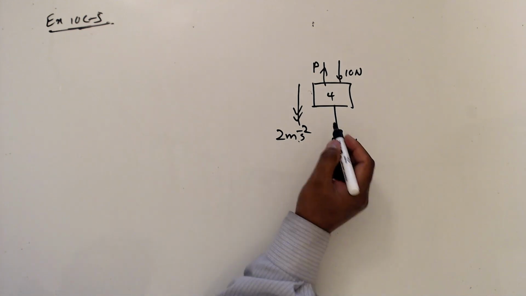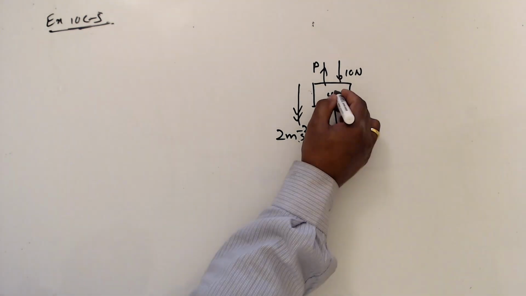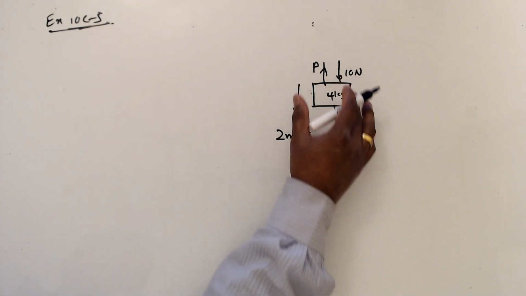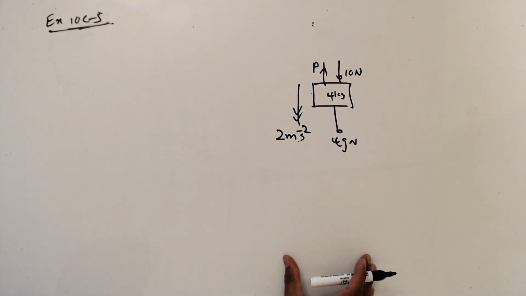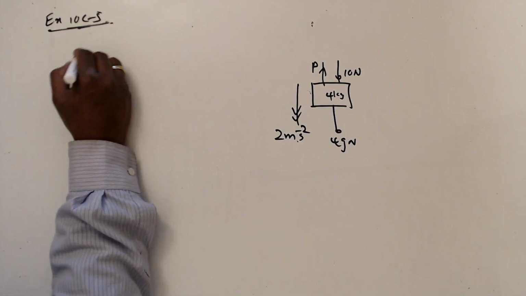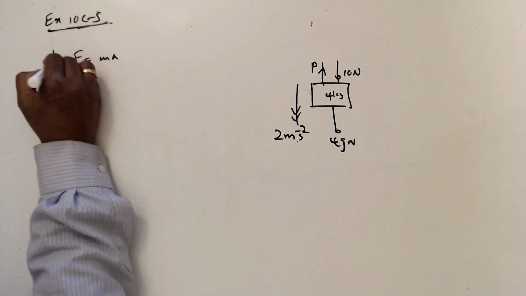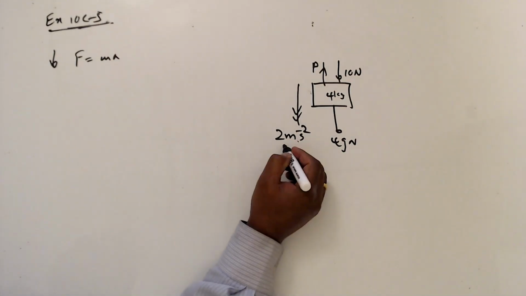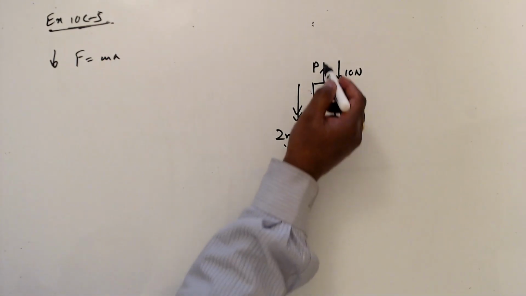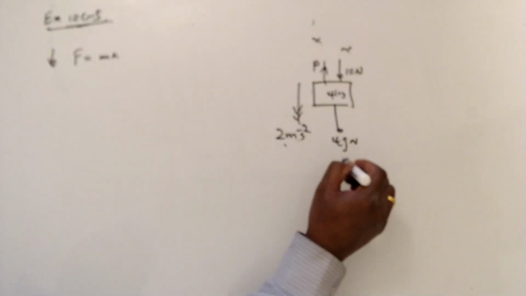Part B, this is 4 kg. So this system is accelerating downward. We'll put F equal ma downward because it is a downward acceleration. I can see 3 forces, 1, 2, and 3.